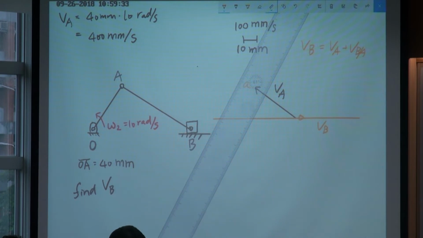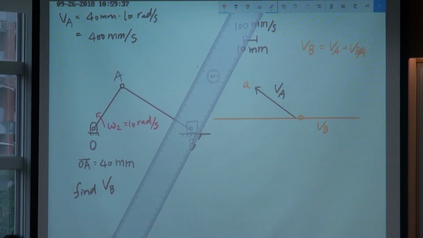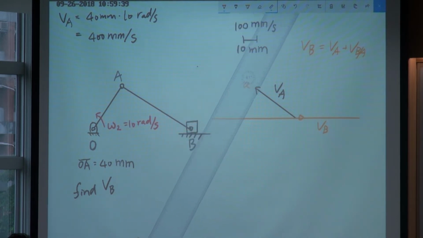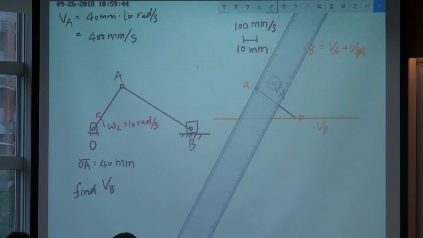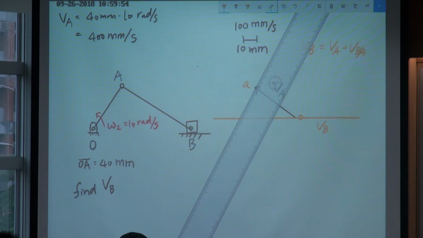So there will be a direction perpendicular to line AB, and I know VBA is going to pass through point A. It's going to pass both A and B, but right now we only have A, so we just go with A. You align the ruler with point A and draw another line.